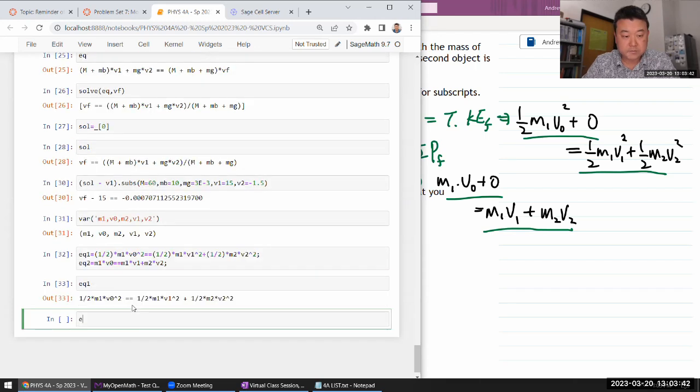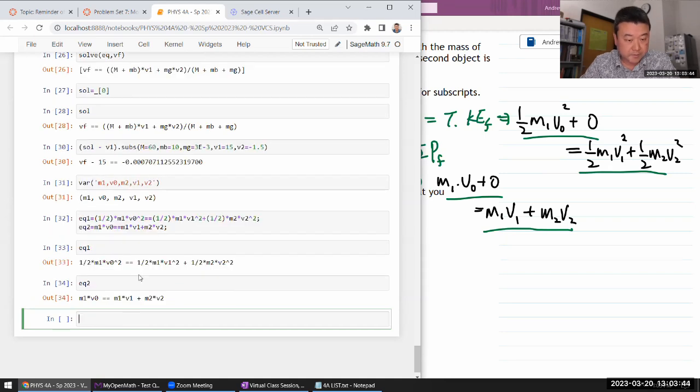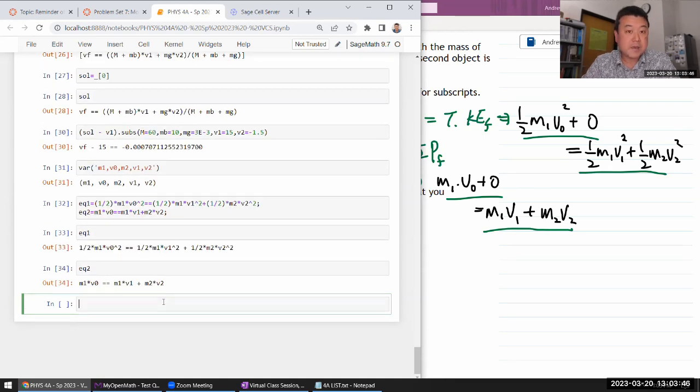Okay, let's make sure I typed those in correctly. And I'm going to have a solve function, solve for a system of equations. That's the system of equations 1 and 2. And I'm going to have it solve for v1 and v2. Me telling the system that also tells it that the other variables may be treated as known quantities.